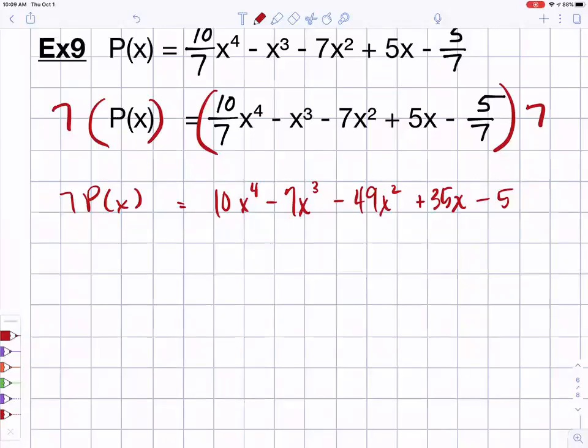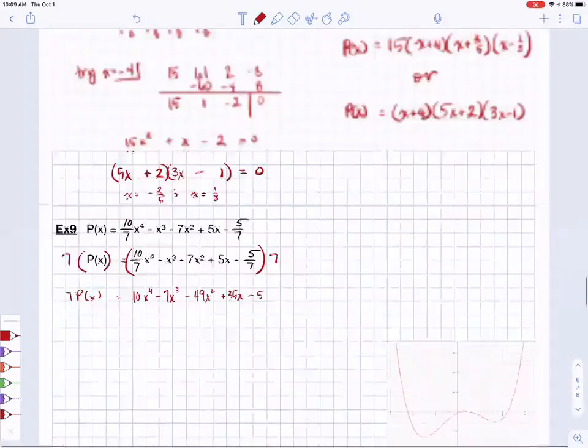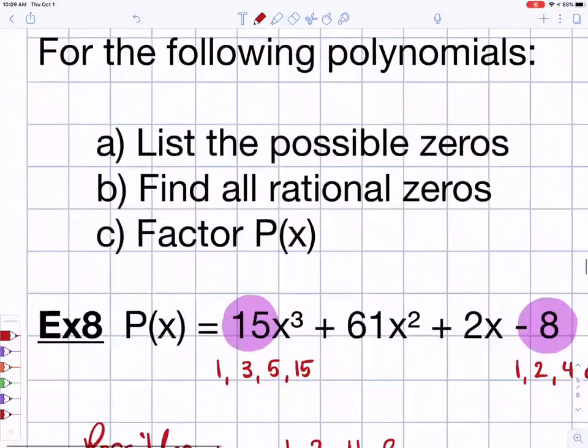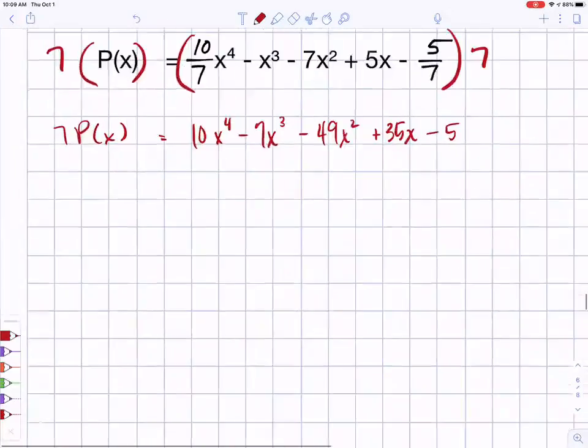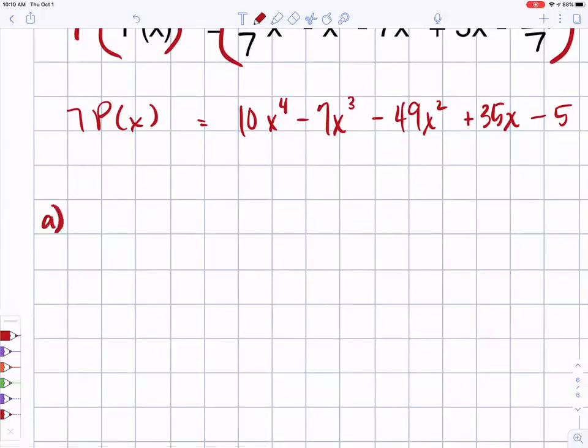Okay. So first step, let's go back to the directions so that we can remind ourselves. And I was just looking at a test question exactly like this set of directions this morning. Okay? Number 1, let's list the possibles. Okay. So let's go down here and let's list our possibles. How is it that I get my possibles? Really close. You've got the idea. But it's not the constant over the leading coefficient. It is the factors of the constant over the factors of the leading coefficient.